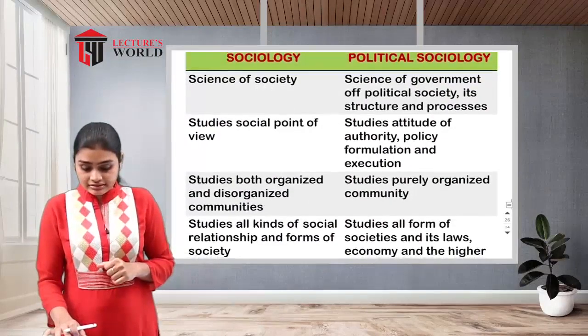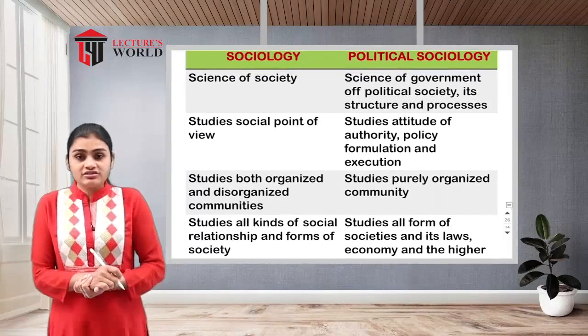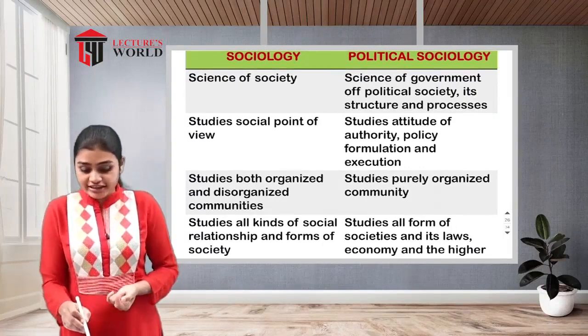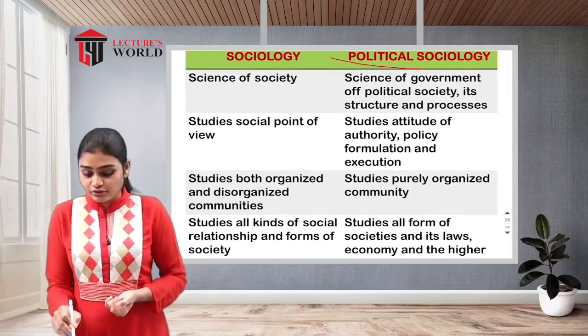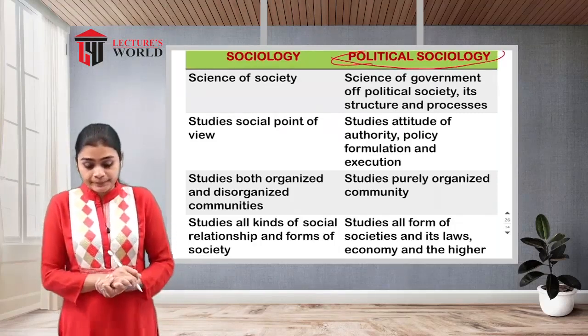The next is the relationship of sociology with political sociology. Political sociology is again one branch of social science.